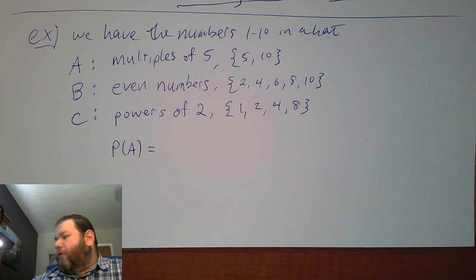So A contains 2 outcomes where it would be considered successful, 5 and 10, out of the 10 total numbers that we could potentially choose from this hat at random. So what is the probability?